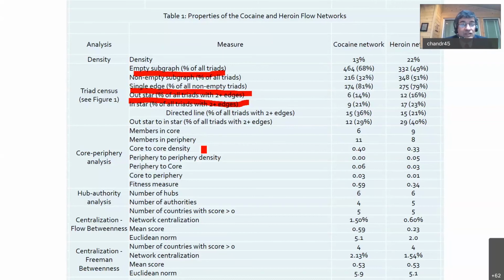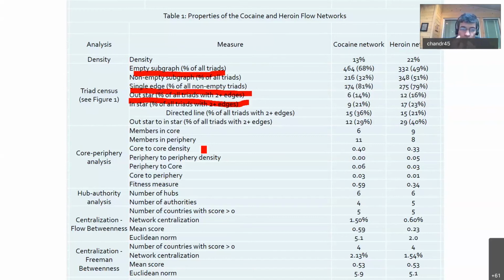Okay, the interesting thing is in the heroin flow network, we saw a much larger percentage, not of directed lines, but of what we call out star to in star configurations. And what that is, it's a directed line. So it's A sending to B sending to C, but also A sending to C. Okay, so A has two ways of getting to C in the heroin network, where in the cocaine network it only has one.